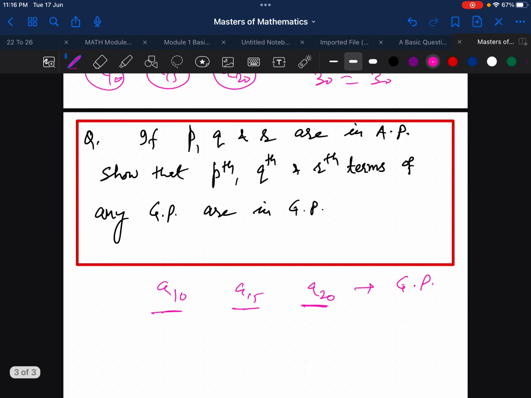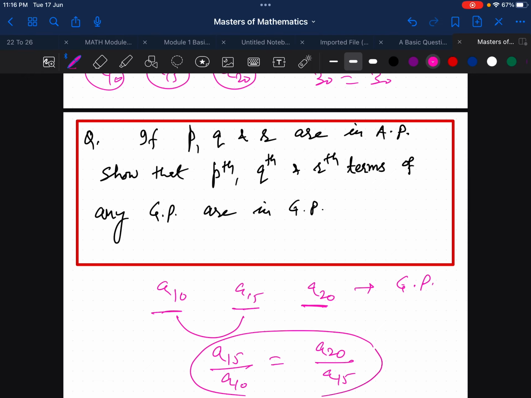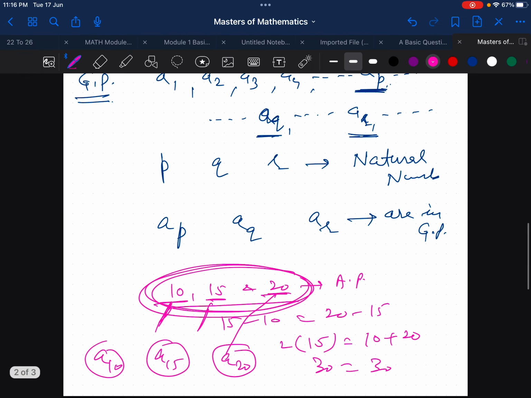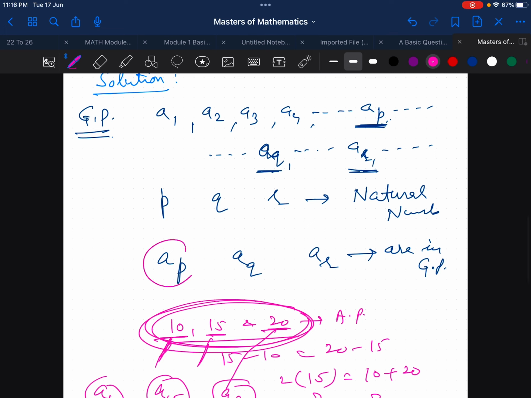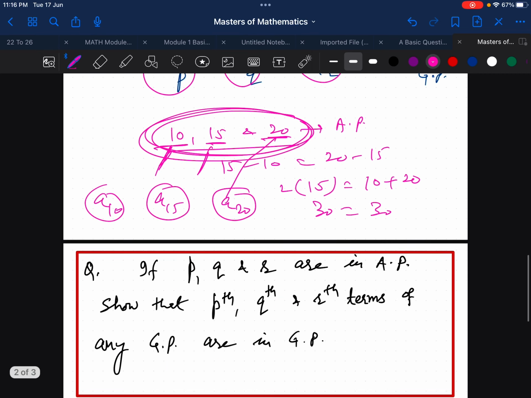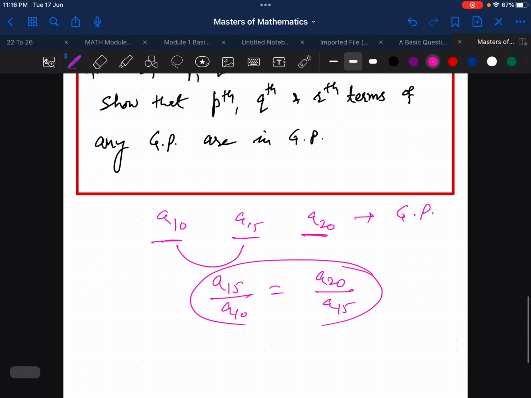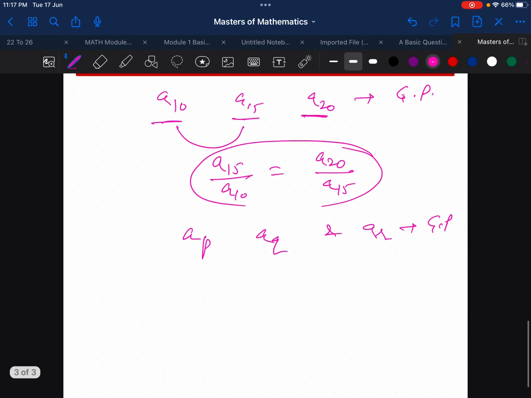Means if three terms are in GP, then I can say that the 15th term divided by the 10th term will be the same as the 20th term divided by the 15th term. So this is the meaning of this question. I have to prove that the Pth term, Qth term and Rth term of this GP are in GP.